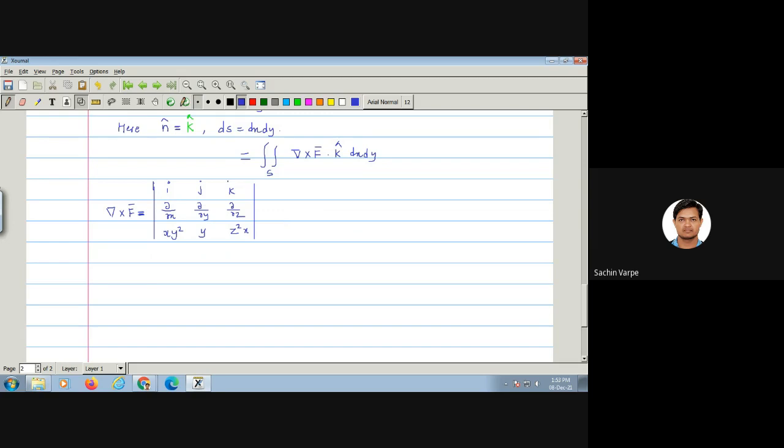So del cross F bar is equal to this. So substitute, calculate this determinant. What will it be? i cap times 0, since the partial derivative of z square with respect to y is 0, minus partial derivative of y with respect to z, which is 0.